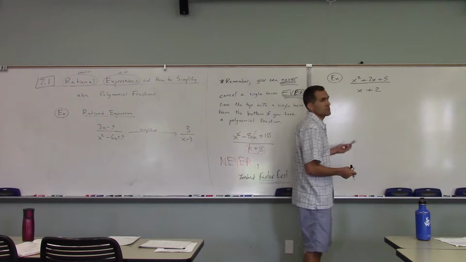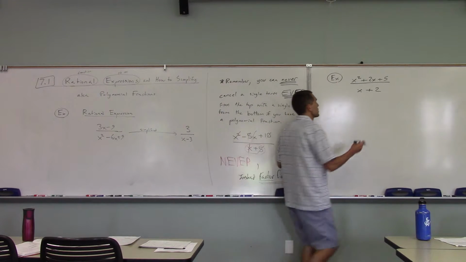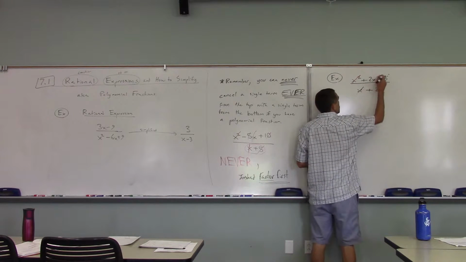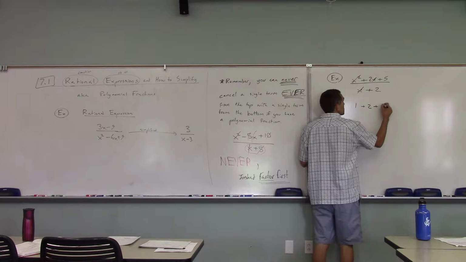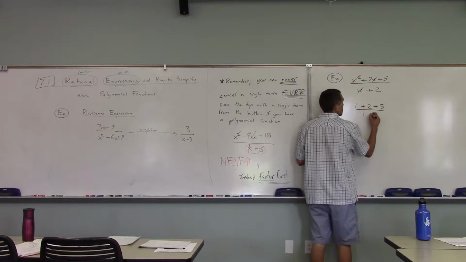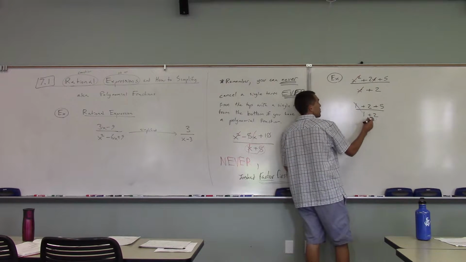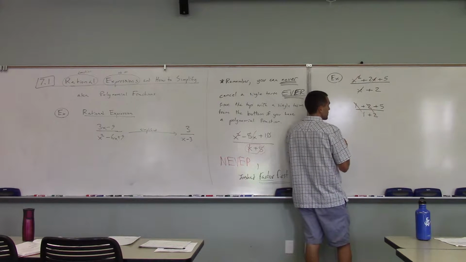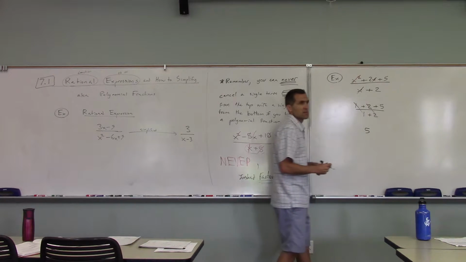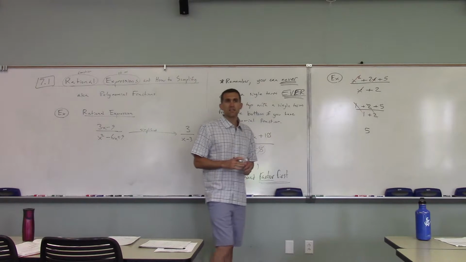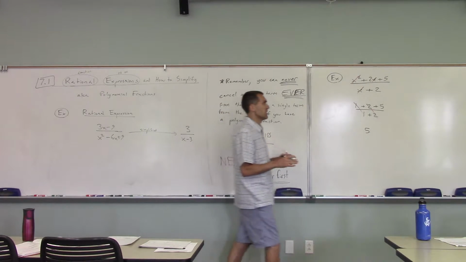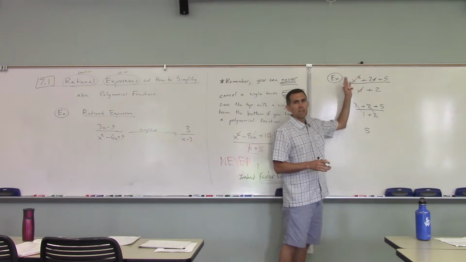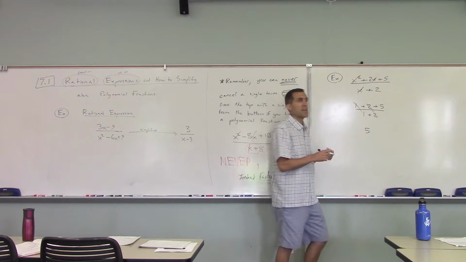They go, oh, look, there's an x on bottom, an x on top, so these cancel, and I'm left with 1 plus 2 plus 5 over 1 plus 2, and oh, look, the 1's cancel and the 2's cancel, so my answer's 5. I understand that's a little extreme, but I actually see that sort of thing on tests. So never just start canceling magically one piece with one piece, ever.